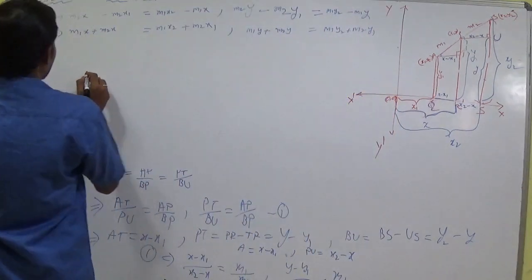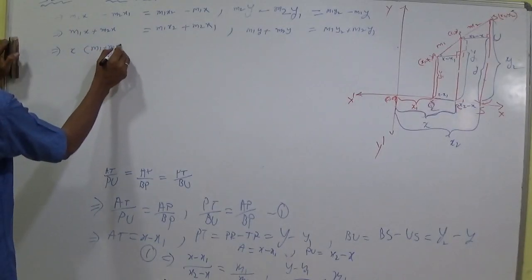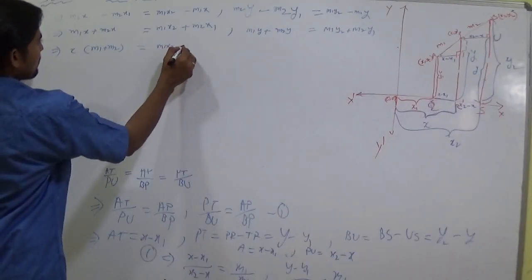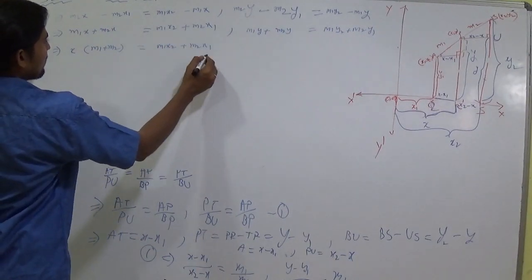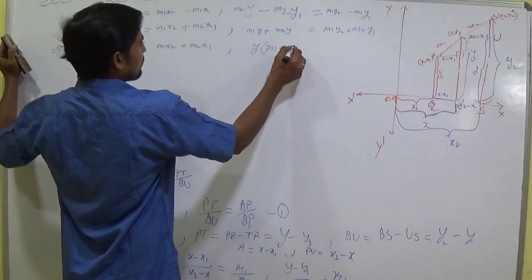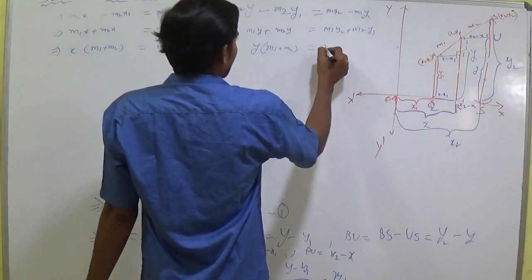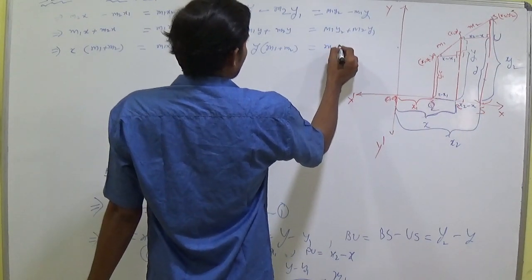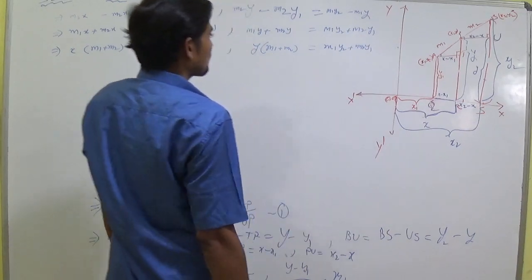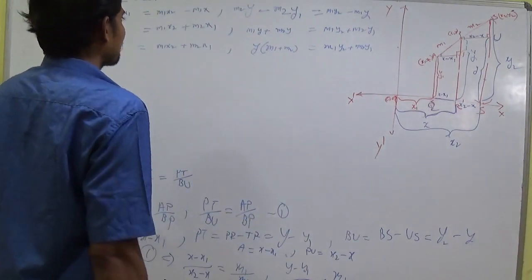Take x as common, m1 plus m2 equal to m1x2 plus m2x1. Y as common, m1 plus m2 equal to m1y2 plus m2y1, right?